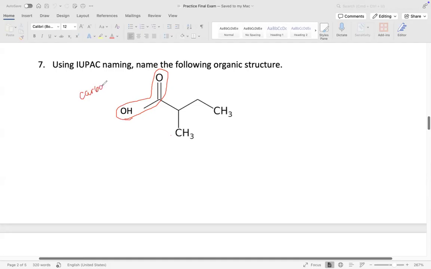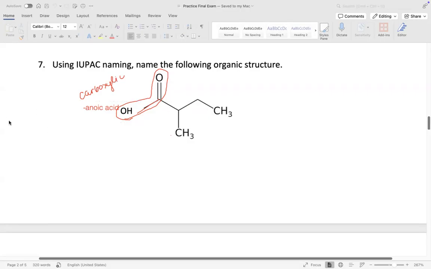Carboxylic acids are a carbon bonded to an OH group, that same carbon doubly bonded to an oxygen. And they take on the ending enoic acid. So I've identified my functional group and what its suffix is going to be.